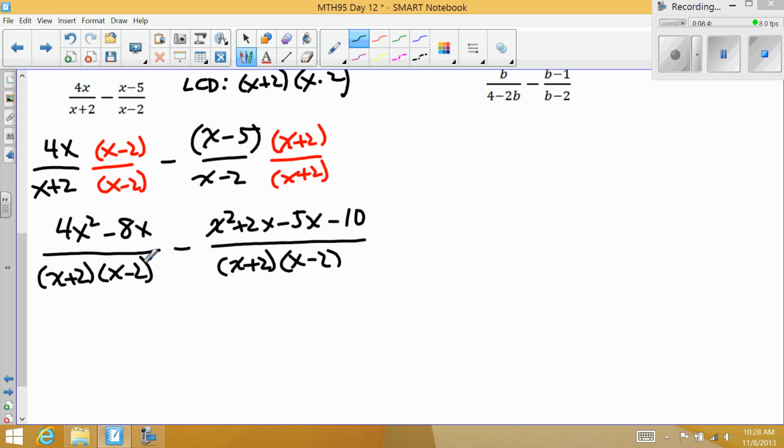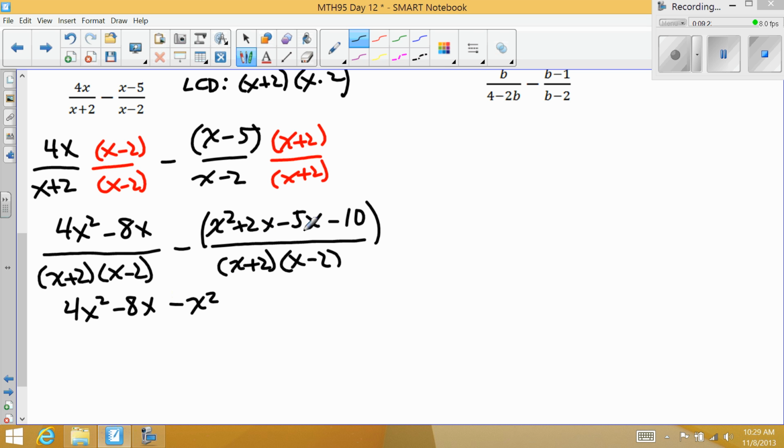So I've got a bit of a mess to clean up here. I do have some like terms here I can combine. And what I want to be very, very careful about is that all of this is being subtracted, and this subtraction is going to need to distribute through these parentheses all the way through this second rational expression. So rewriting, because again I've got the common denominator now, I've got 4x squared, subtract 8x, and then I've got to subtract x squared.